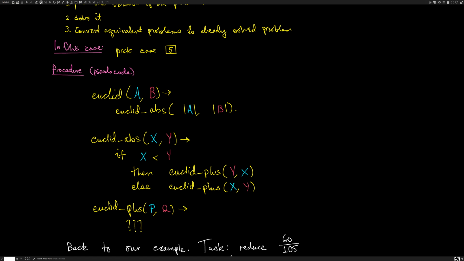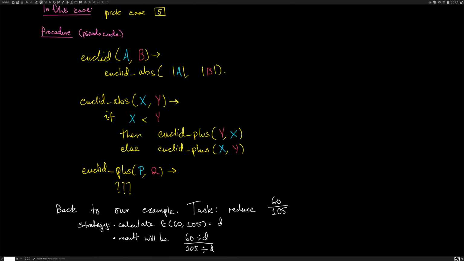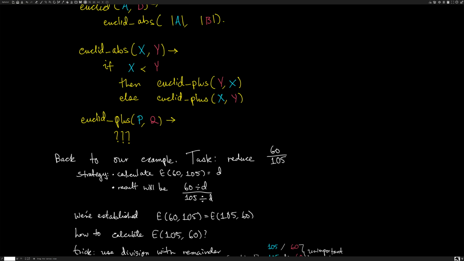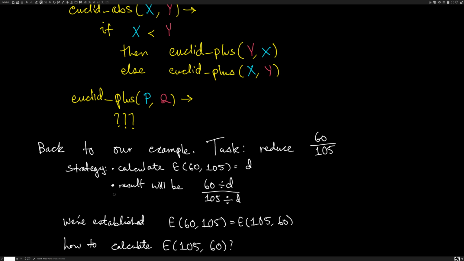And Euclid plus, well, how do we do that? Let's go back to our example. Remember, our task is to reduce 60 divided by 105. So our strategy is to calculate E of 60 and 105, which is D. This is our original problem.